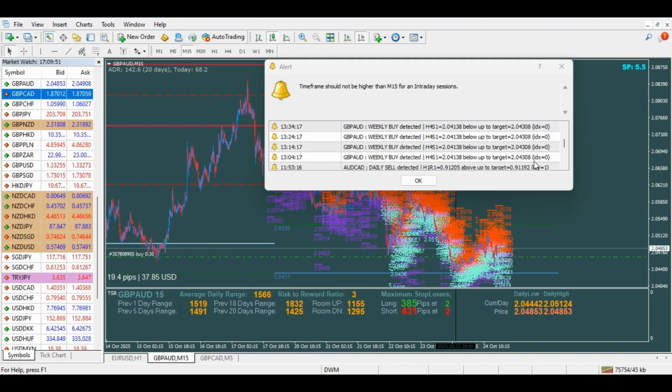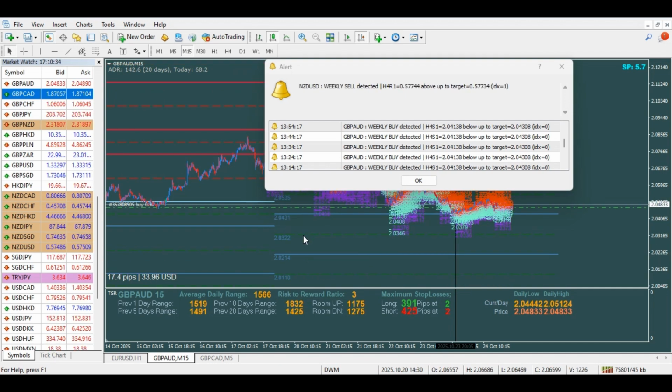2.0431, okay? And this is IDX 0 because it's the weekly S1, right? So for longs, 0 will be the weekly S1. The MS2, which is the midpoint pivot between weekly S1 and weekly S2, will be 1.